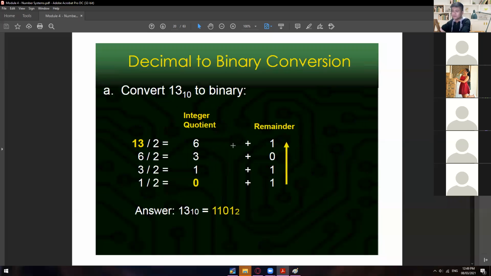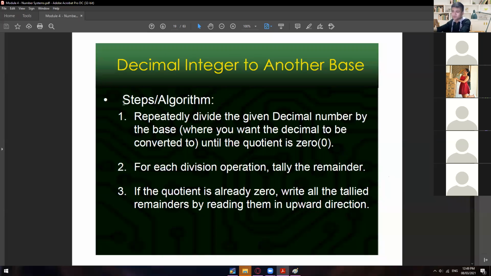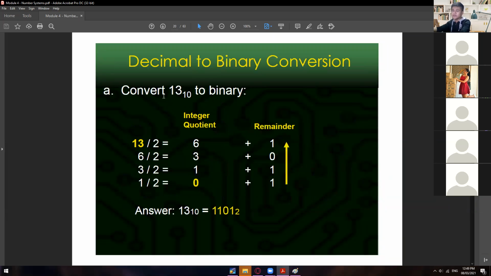Okay, so again, this instruction is quite ambiguous, especially if we don't have the example or the format. So that is why we have here the example for you to better appreciate this process. So it says here, convert 13 base 10 to binary. So it's asking us to convert this decimal into binary. So here is the step that you need to follow.